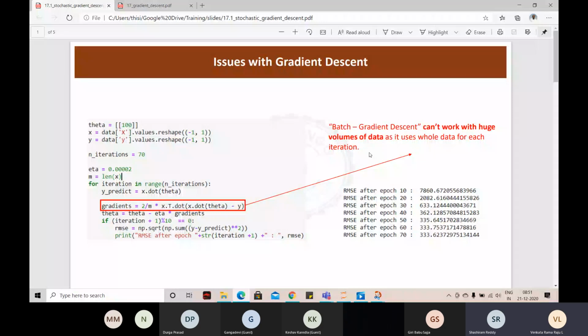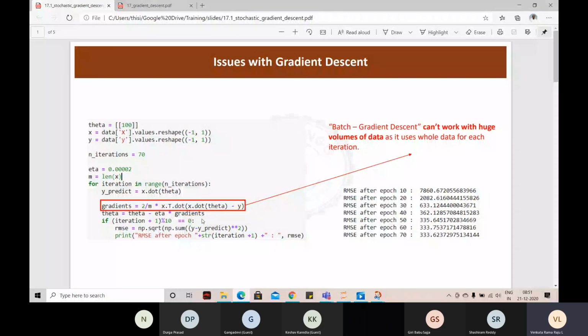First iteration, I took whole data, calculated next theta. Second iteration, I took whole data, calculated next theta. Third iteration, I took whole data and calculated gradients and subtracted it from theta, and like that every iteration I am using it. In the normal equation, I said that I am going to use whole data in one shot. I said it's a problem, and I brought you to gradient descent. Now I am using whole data for each iteration, 70 times.